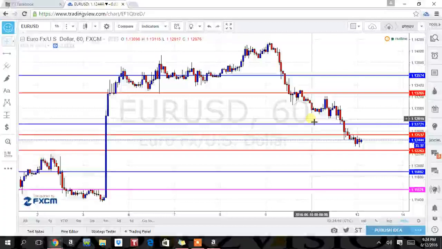That would have been like 100 pips right here, from here to here. This is your next area, your next zone. So this is how you know where your take profit would be.